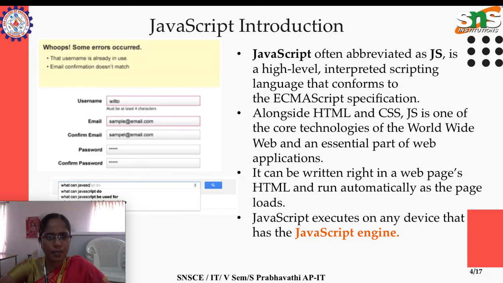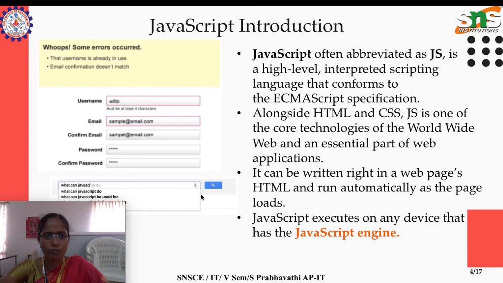That is done by JavaScript, not by HTML or CSS. Only because JavaScript is enabled in that web page, it is able to display the message that the username was already selected.